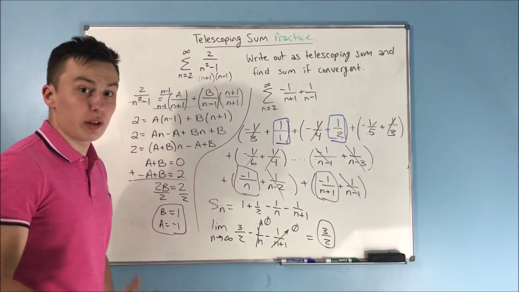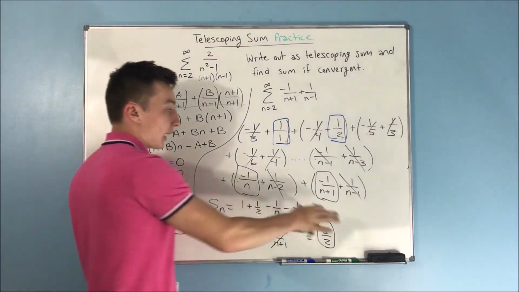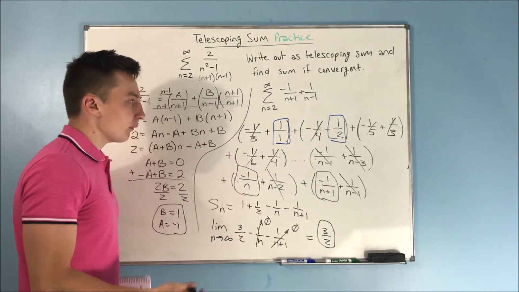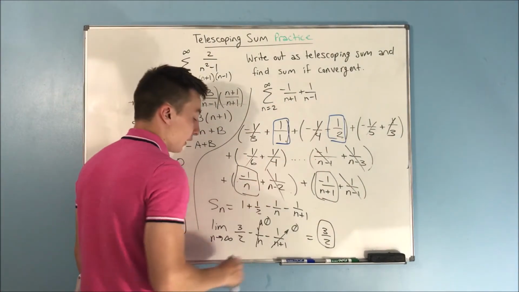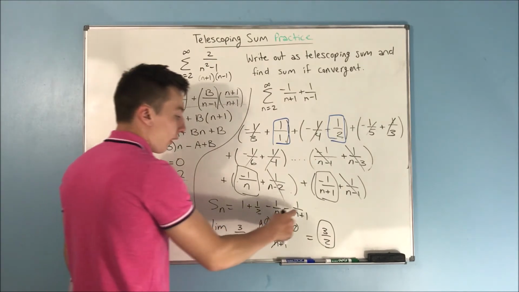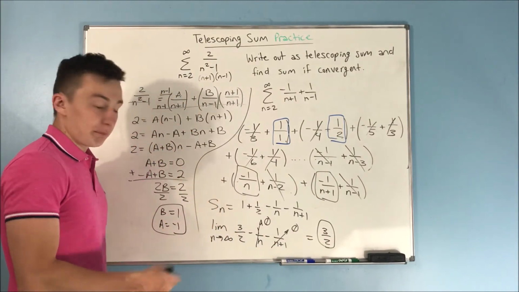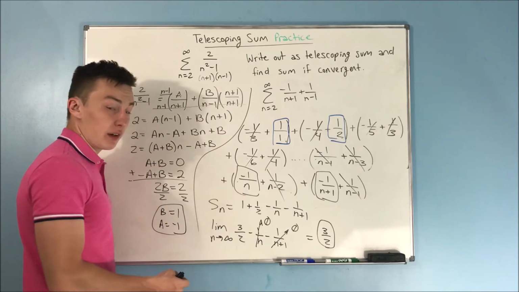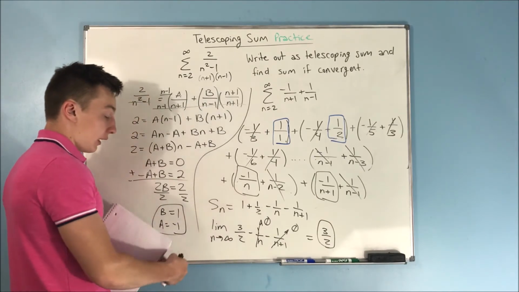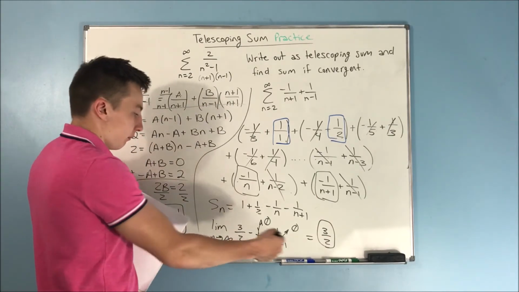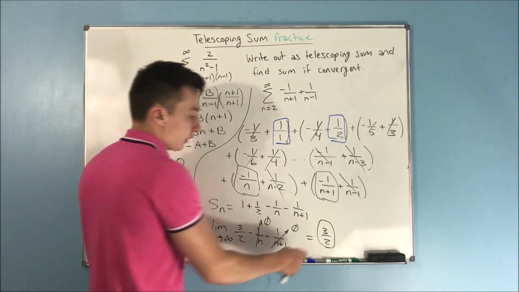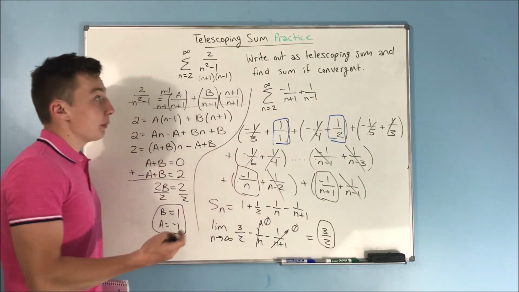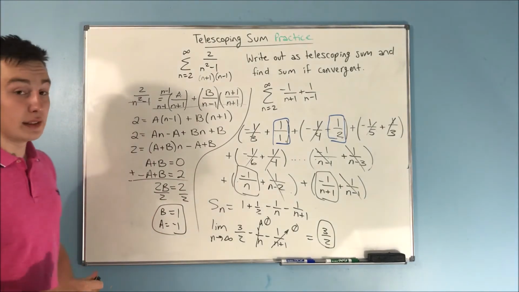So it was a little more clear at that point which terms would actually cancel. And then once we canceled everything out that needed to get canceled, we wrote out our nth partial sum. We took a limit as n approaches infinity because that's basically taking the sum of the whole entire infinite series. And we found that to be 3/2, which means that this series converges.